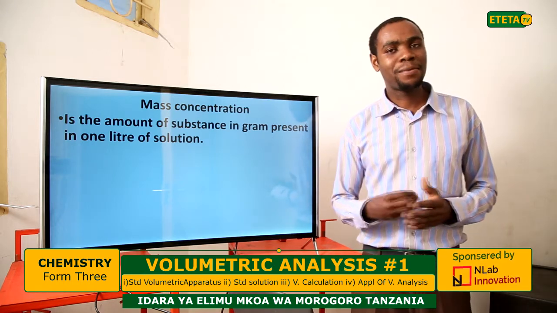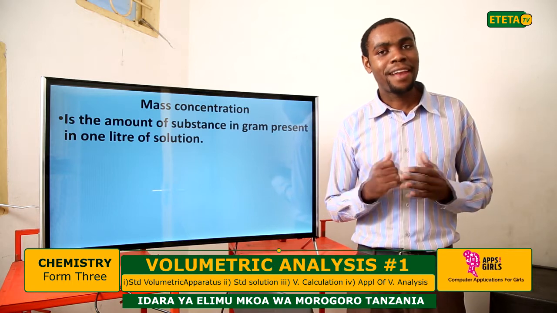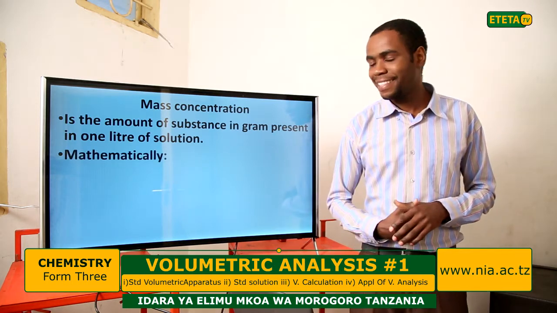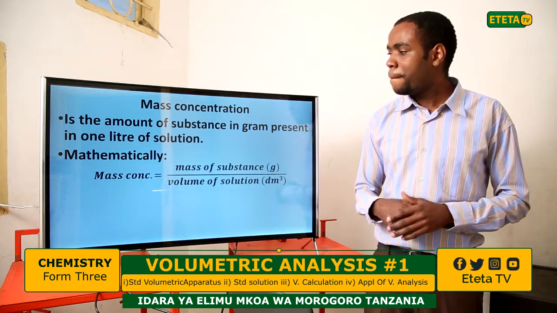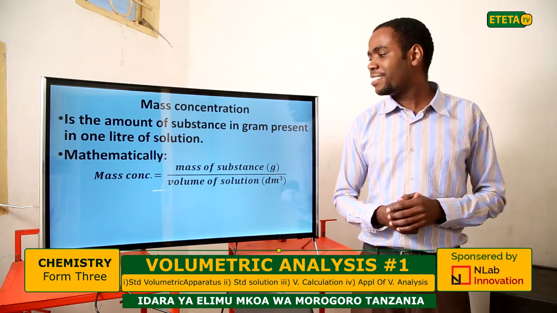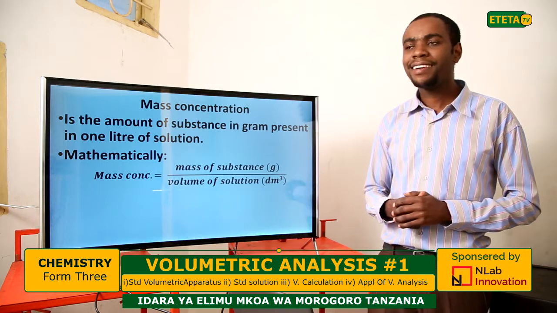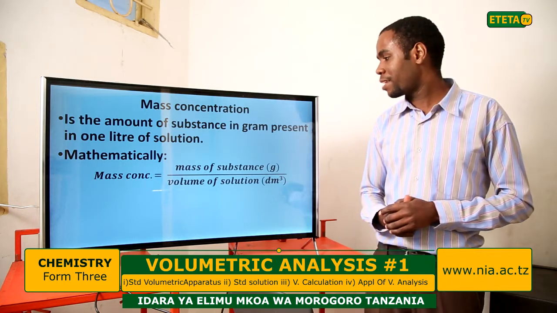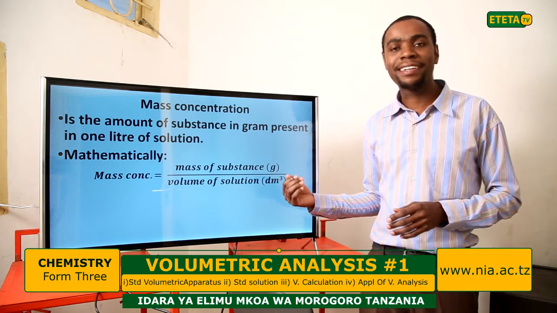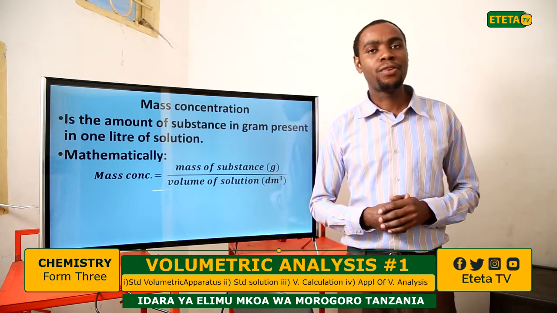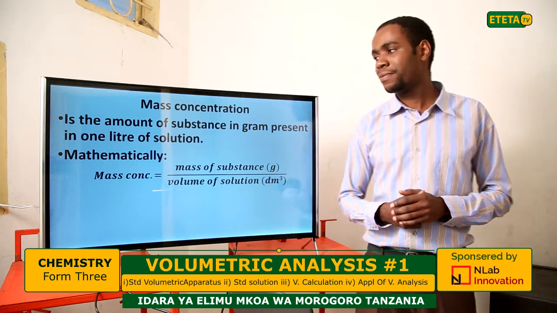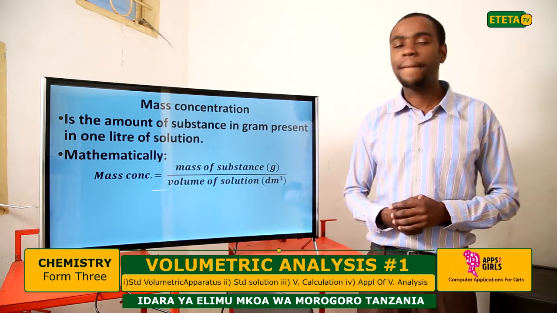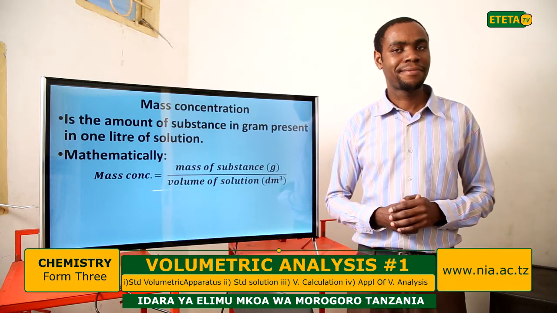Mathematically, mass concentration is equal to the mass of a substance in gram divided by the volume of solution in decimeter cube. So the mass should be in gram and the volume should be in decimeter cube.